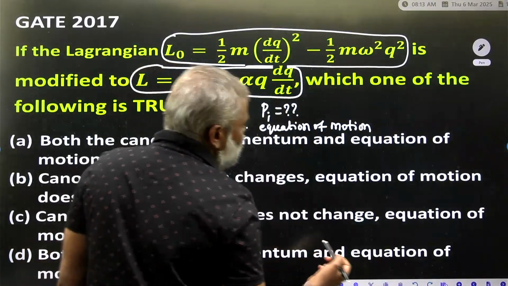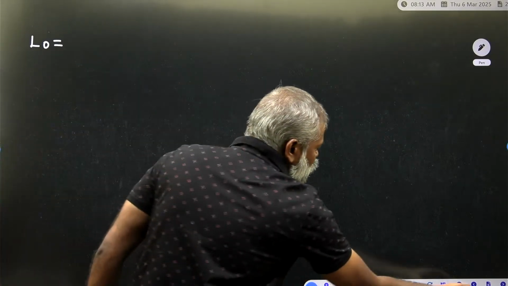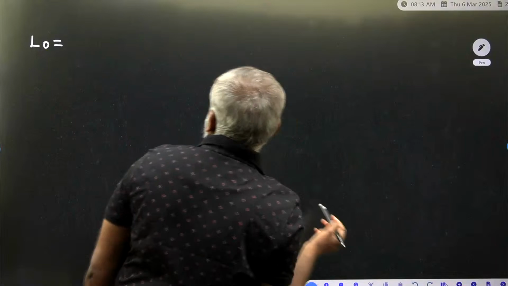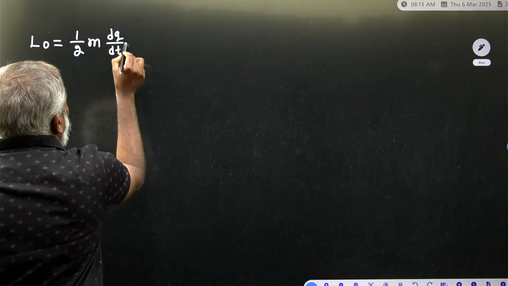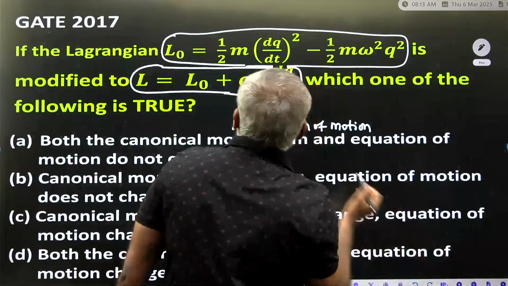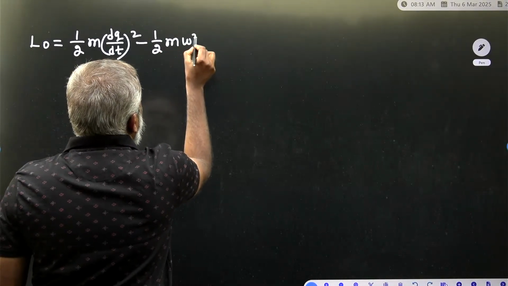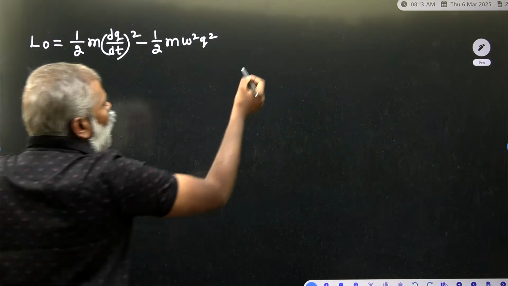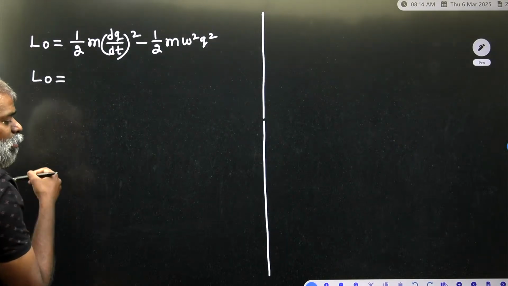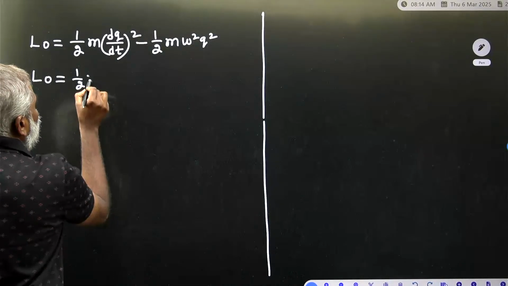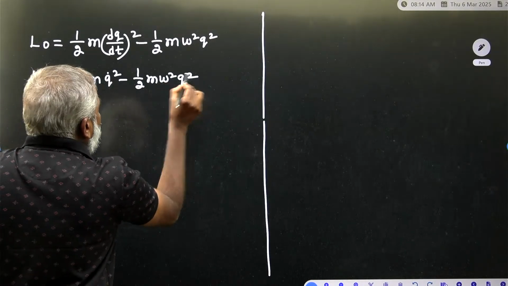Our function is L0, the first function I have to take here, L0 is equal to 1 by 2 m (dq by dt) whole square minus 1 by 2 m omega square q square. So I am rearranging this. First you have to take the first Lagrangian function and observe the canonical momentum and equation of motion. L0 is equal to 1 by 2 m q dot square minus 1 by 2 m omega square q square. This is the Lagrangian.